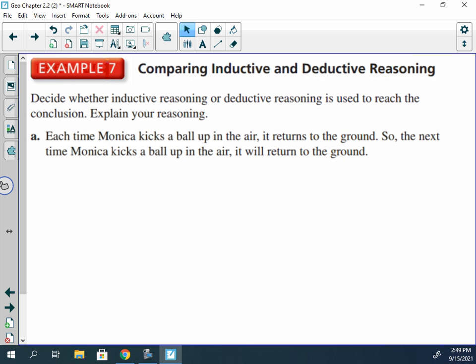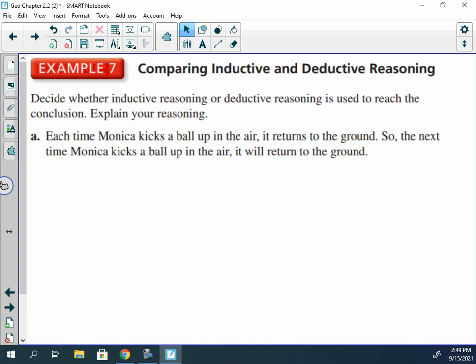Decide whether inductive or deductive reasoning is used to get to the conclusion, and explain. So let's look at this here. Each time Monica kicks a ball up in the air, it returns to the ground. So the next time Monica kicks a ball up into the air, it will return to the ground. Is this inductive or deductive reasoning?